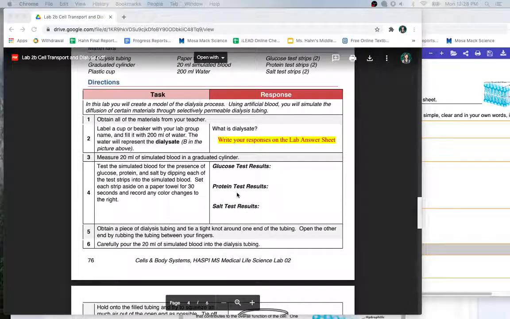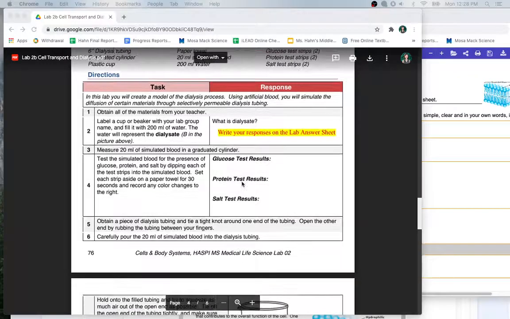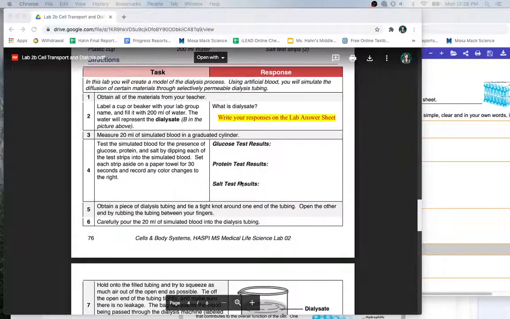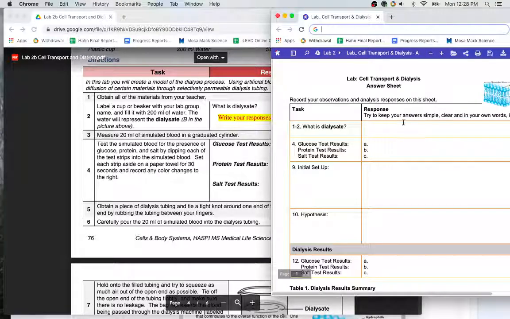Then we'll be putting it in a dialysate to see what filters out of our blood, and we'll be testing it in 24 hours to see the results. I'd like you to write your answers on our answer sheet.